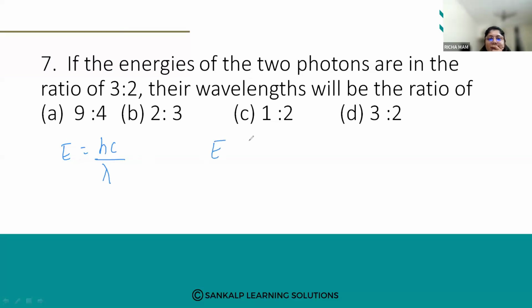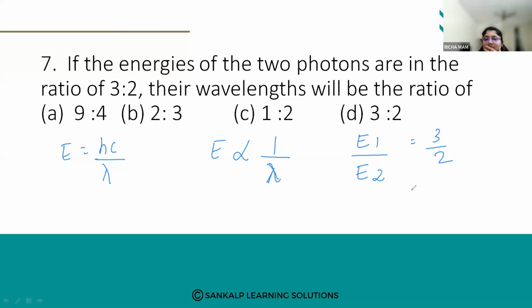According to Planck's theory, energy is inversely proportional to wavelength. So if E1 and E2 are in the ratio of 3 is to 2, what will be the wavelength ratio?